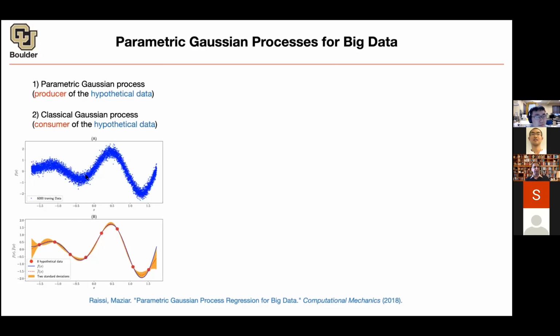You're going to have a parametric Gaussian process that's going to see your real data and process it in mini batches. And you have a classical Gaussian process in its classical form that is seeing your artificial data. So the role of the parametric Gaussian process is to generate data for the classical Gaussian process. And if you can summarize your big data in a smaller size, then you can use Gaussian processes.